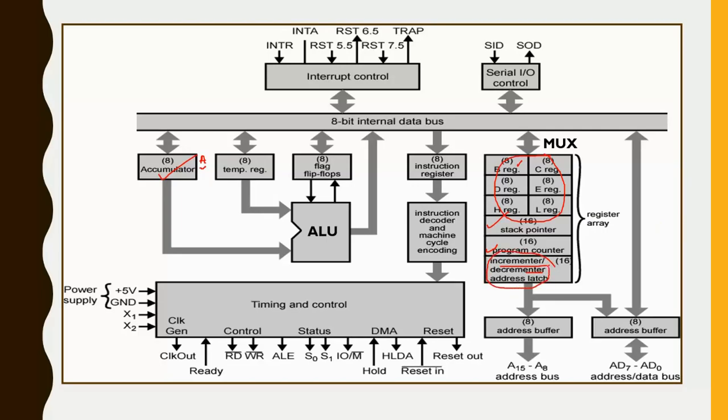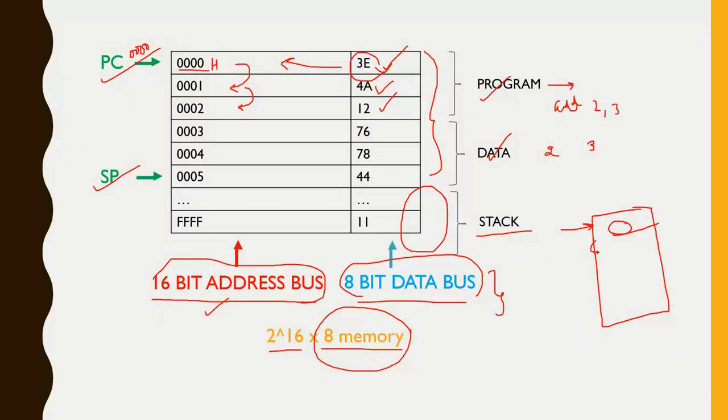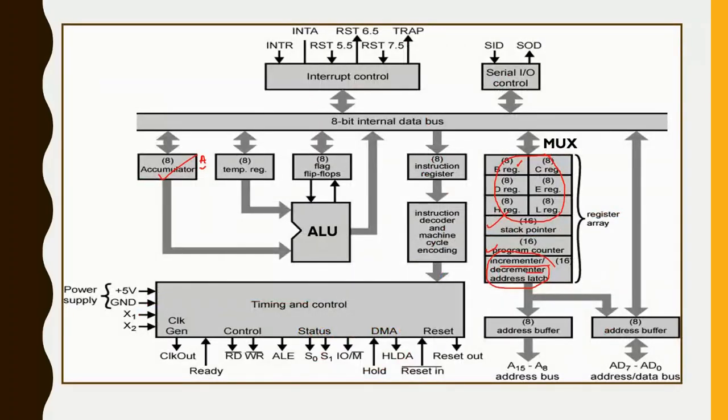Now I've told you that our program starts with the program counter. The program counter contains the first address where our program starts, right? So firstly, when we start our program, the computer will check the address from where the program starts. It will check in the program counter. Now, this contains the lower bits of the address bus and this contains the higher bits of the address bus.